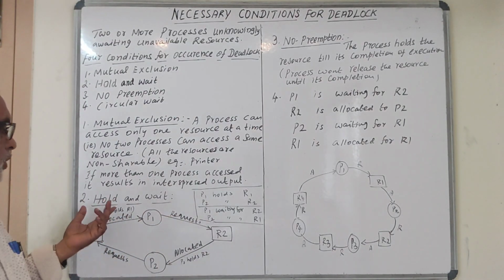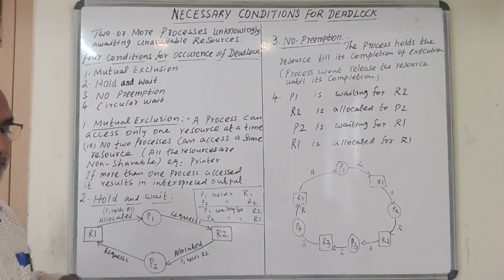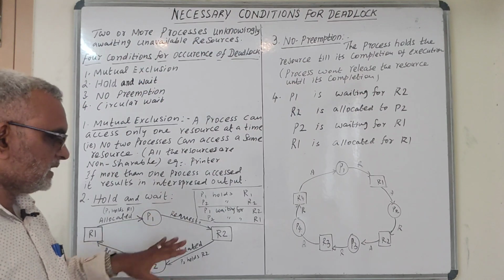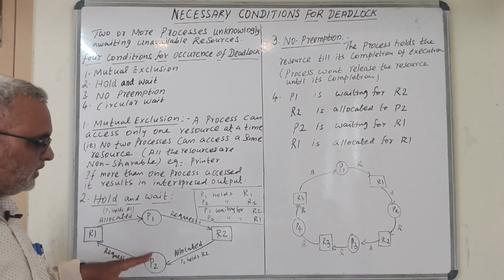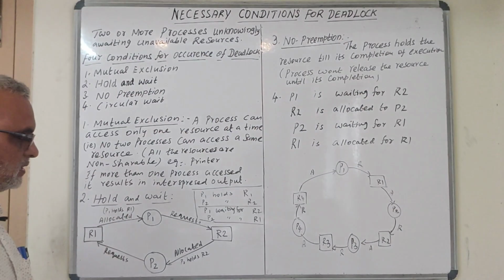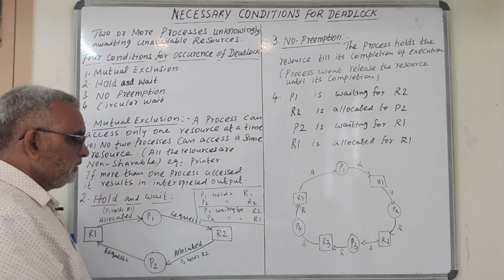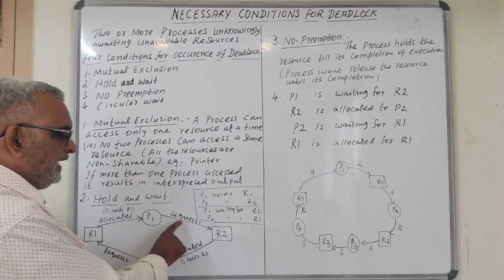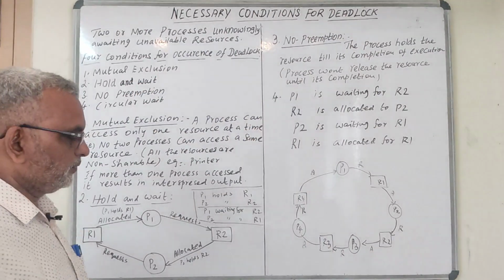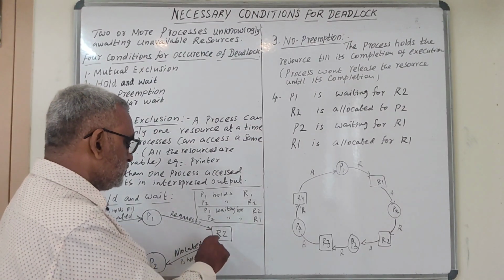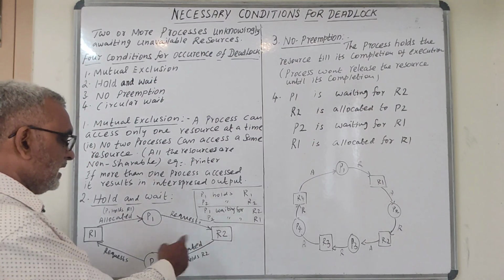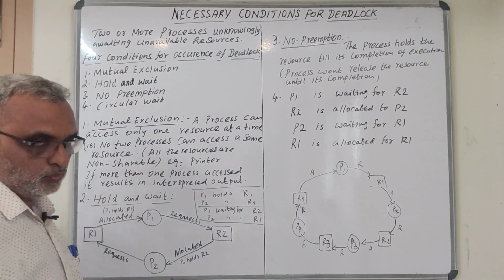Number 2, hold and wait. I have given here a diagram in which we have two processes and two resources. Process 1 needs resource 2, so it requests resource 2. But resource 2 is already allocated to process 2.